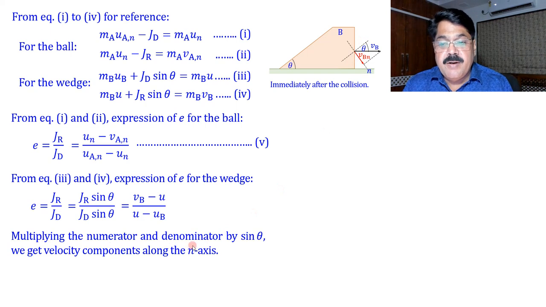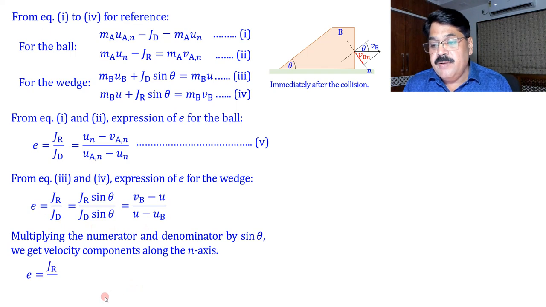Multiplying numerator and denominator by sin theta, this is here VB. So if you multiply VB by sin theta, you get VBN. Similarly, if you multiply U also by sin theta, you will get the n component. So if these velocities are multiplied by sin theta, we will get N components, and multiplying the numerator and denominator by sin theta will not alter the value of E.